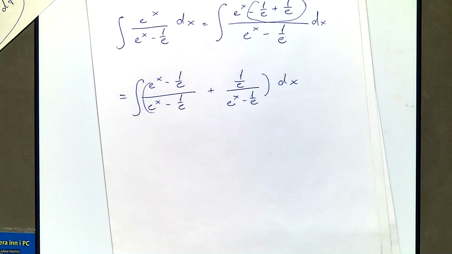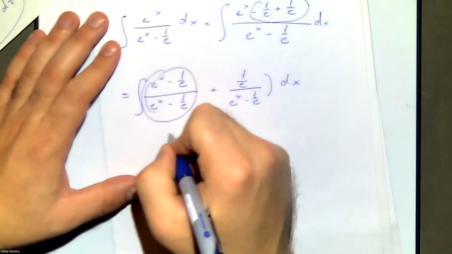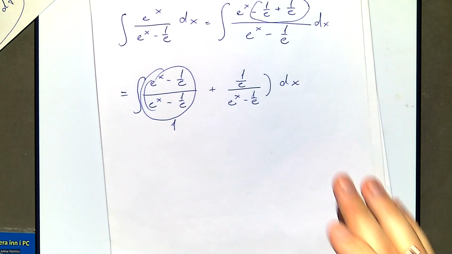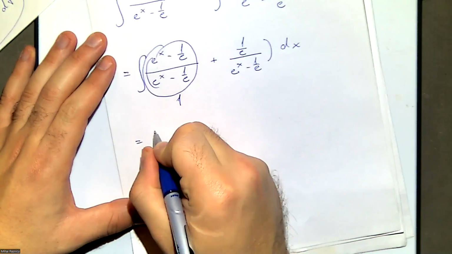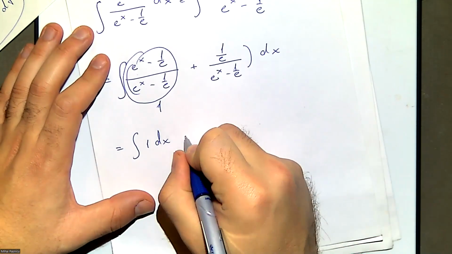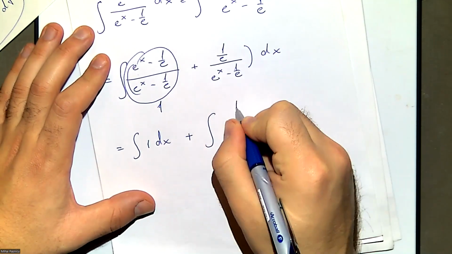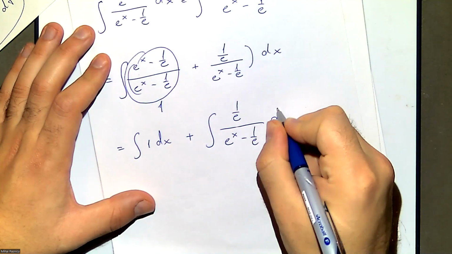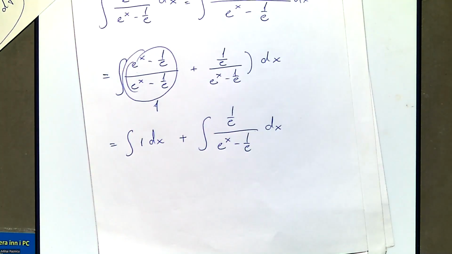I just split the numerator into two. Why did I choose this split? Because this becomes a very nice one. So what I'm left to solve is the integral of 1 dx, which is easy, plus the integral of 1 over e over e to the x minus 1 over e this way.